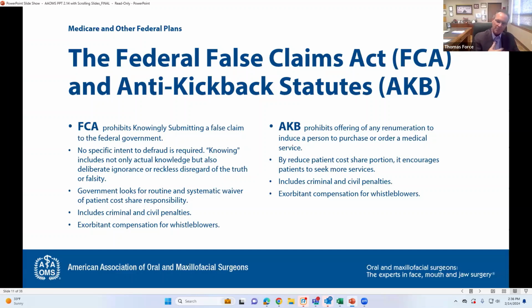But for my practice, I'm going to waive that 20%. So you're giving the Medicare beneficiary an incentive to come to your practice. And it's almost the same, in the government's eyes, as if you gave that Medicare beneficiary $100 to come see you. Again, exorbitant compensation to whistleblowers, criminal and civil penalties.